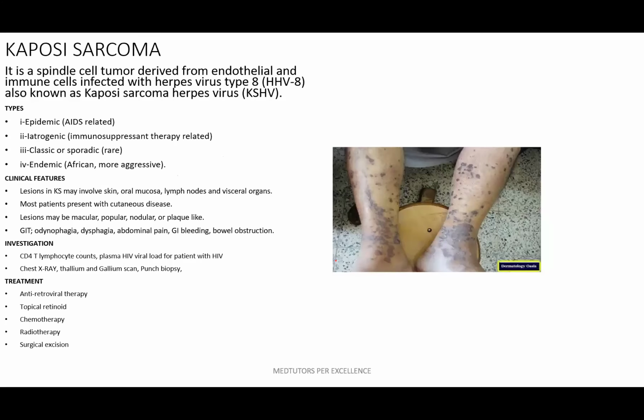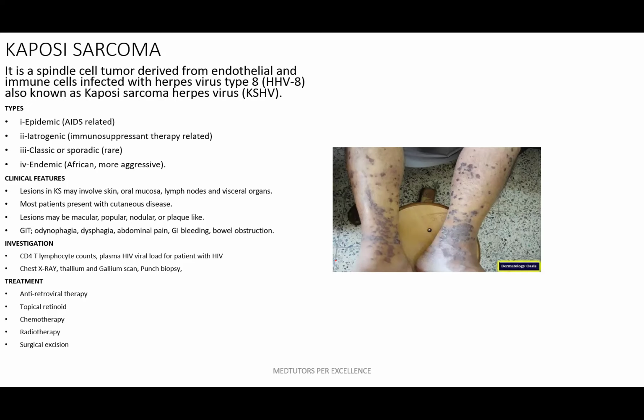Now, the next slide is on Kaposi sarcoma. Kaposi sarcoma is a spindle cell tumor derived from endothelial and immune cells infected with herpes virus type 8, HHV8, also known as Kaposi sarcoma virus.